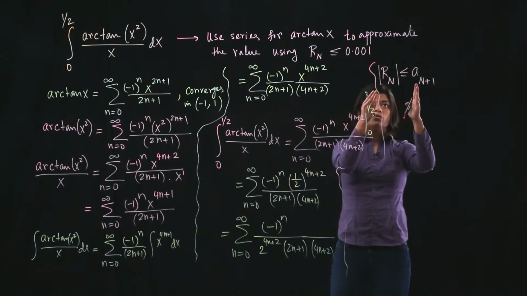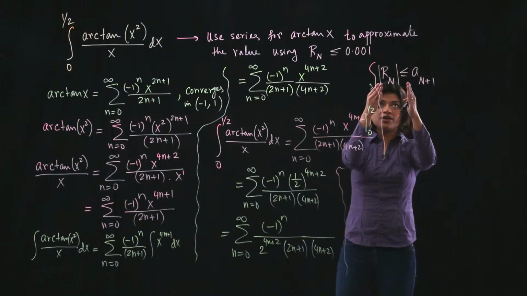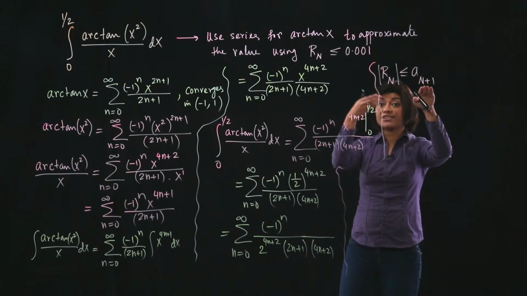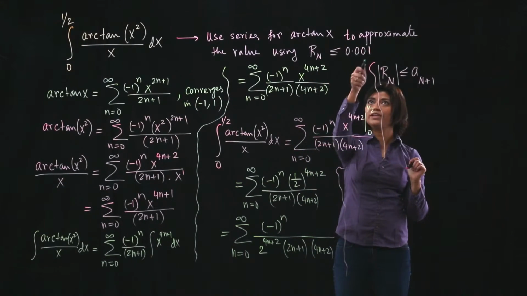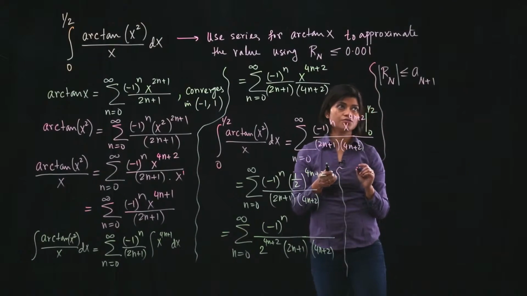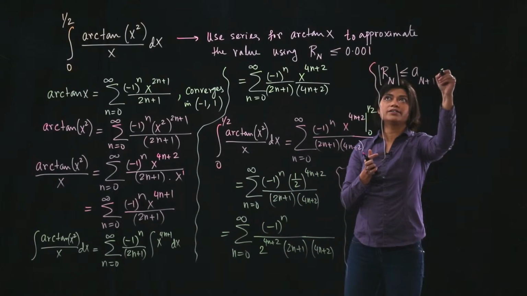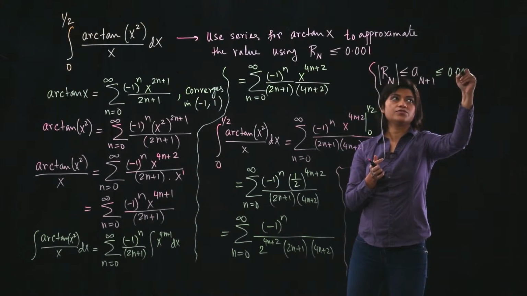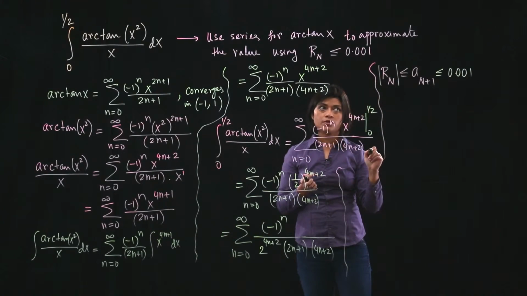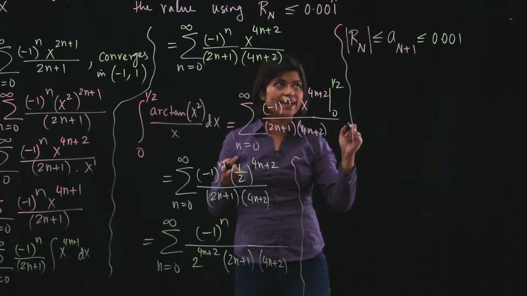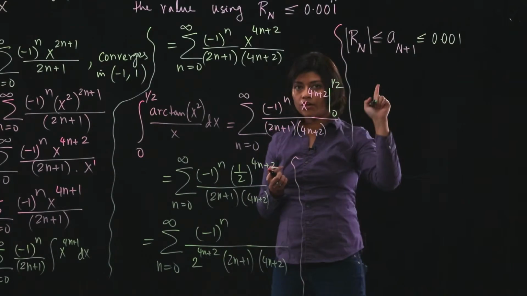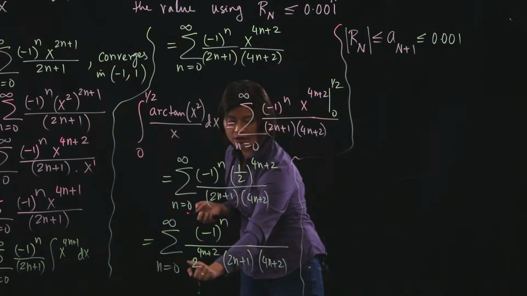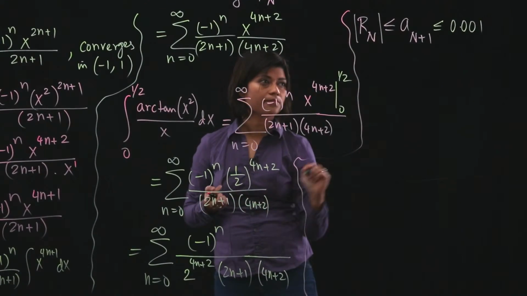So we have this fact that absolute Rn is less than or equal to the next term, a_(n+1). Now, we need Rn to be less than 0.001, so we want this to be less than 0.001. So for which n is a_(n+1) less than 0.001? In order to figure that out, we first have to figure out what a_(n+1) is.